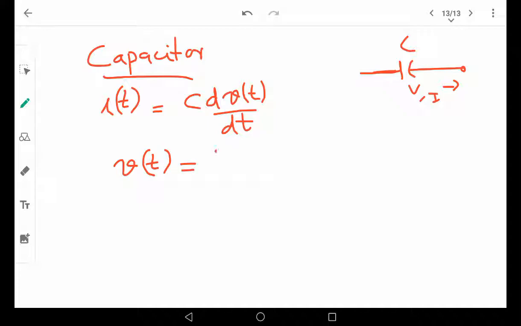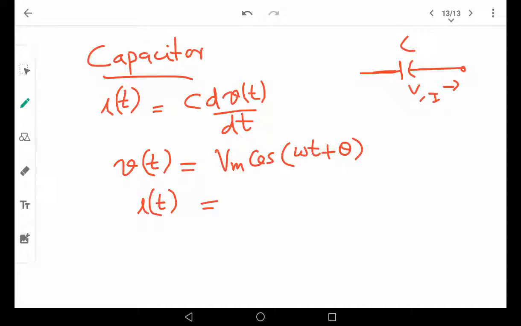So suppose I specify a voltage Vt equal to Vm cos omega t plus theta. Then It will be equal to C dV by dt.